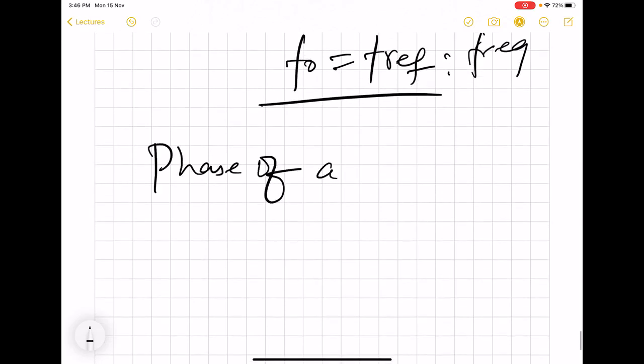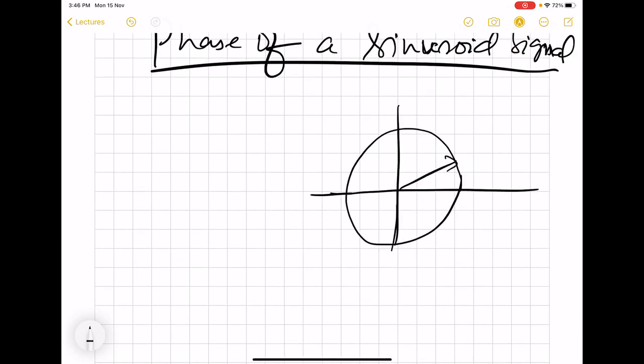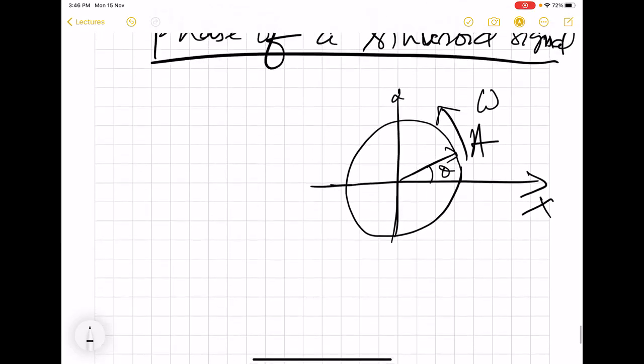So phase of, say, a sinusoid signal. We know that these sinusoids are basically projections of a phasor. This is phasor A, and it is rotating with angular velocity omega. At any given moment of time, it will have an angle, say theta, and at this moment the sine value is going to be A sine theta.